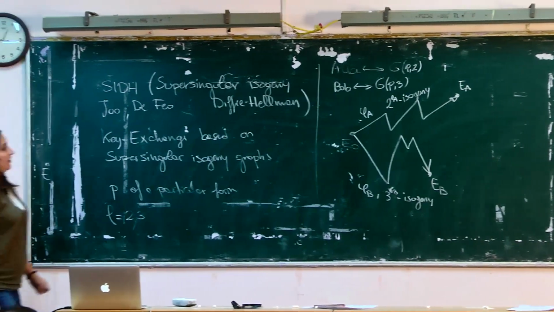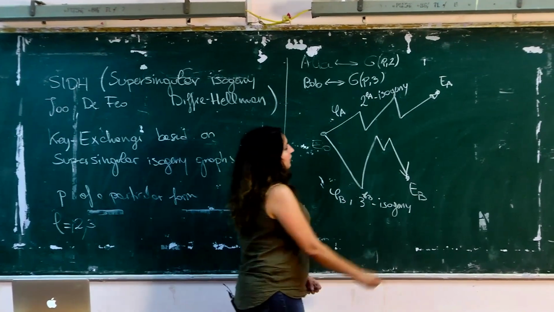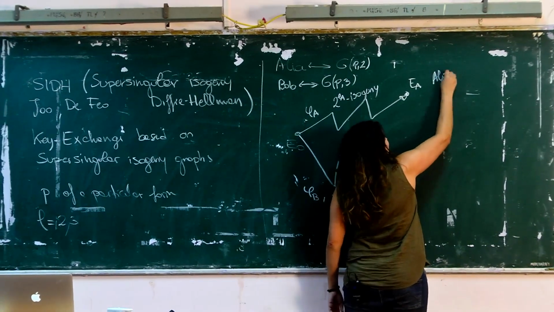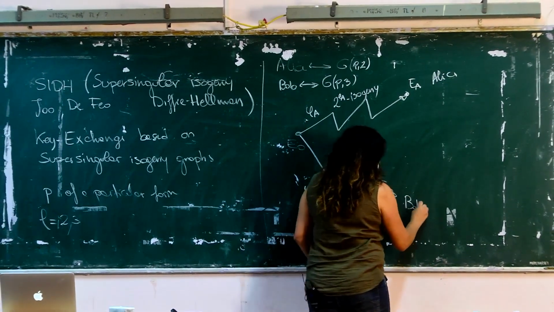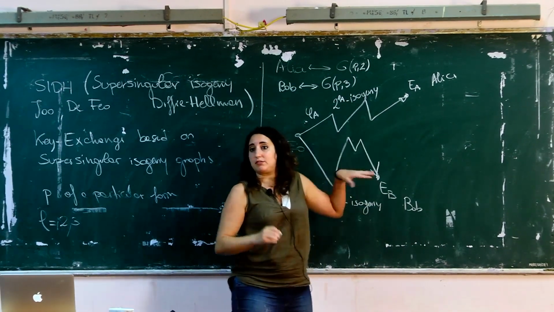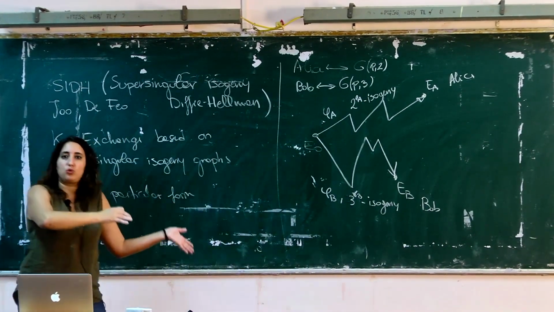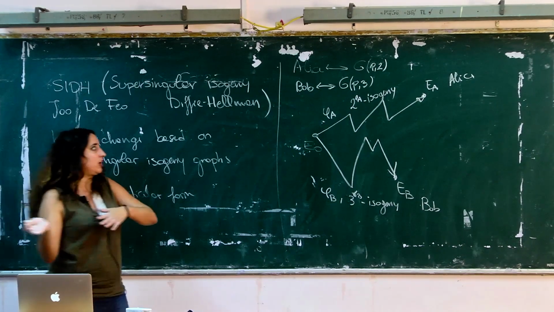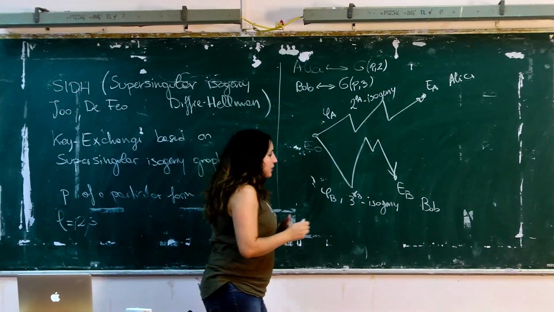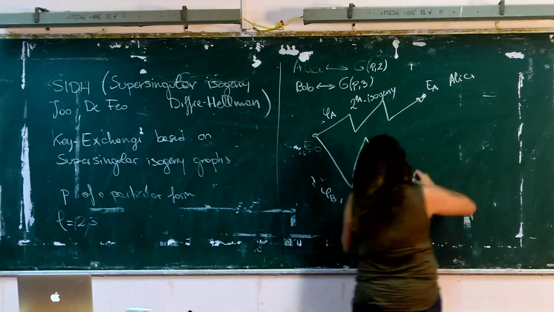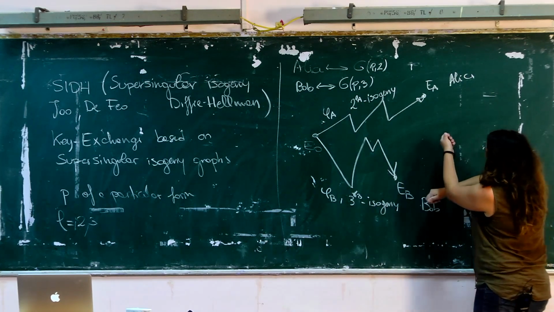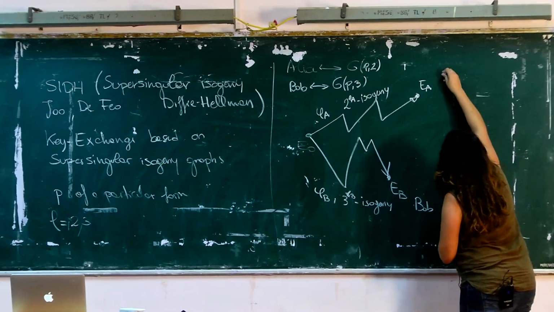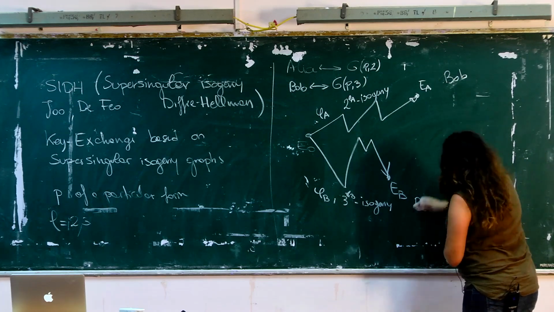And well, the idea is now Alice is here and Bob is here. Both are vertices of the supersingular isogeny graphs. Imagine that they exchange positions, because basically they are exchanging this information. So now Bob is here and Alice is here.